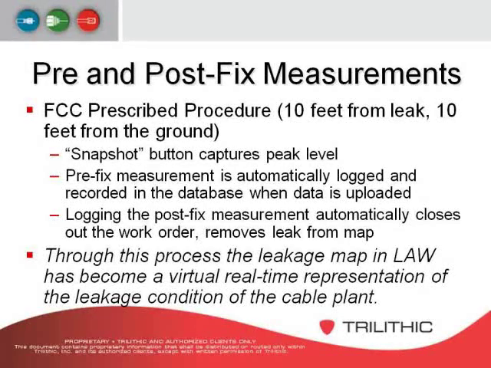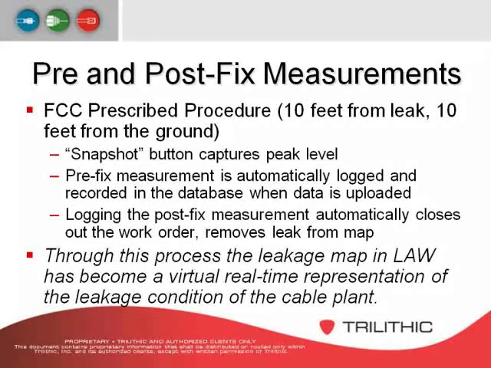Once you have your work order, you're getting ready to measure your leak. You have your dipole antenna 10 feet away from the leak and 10 feet from the ground.